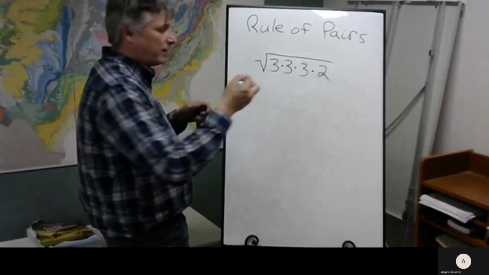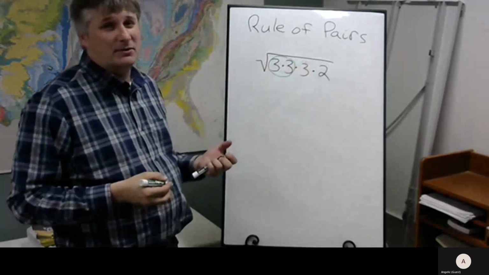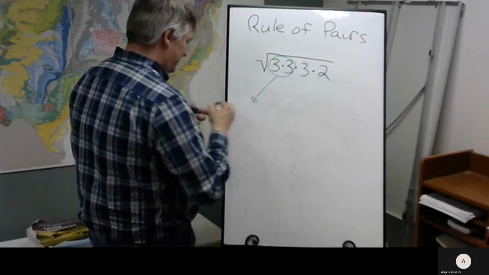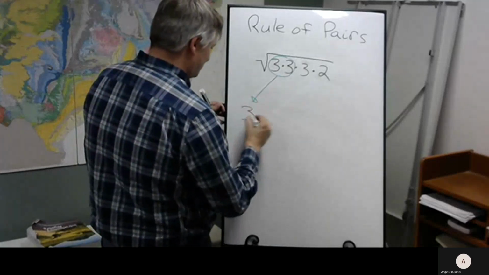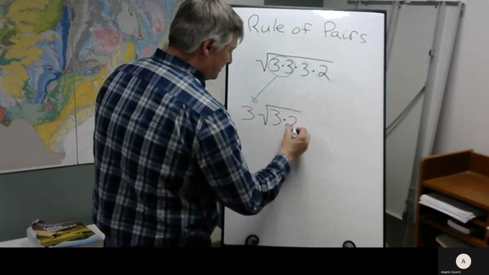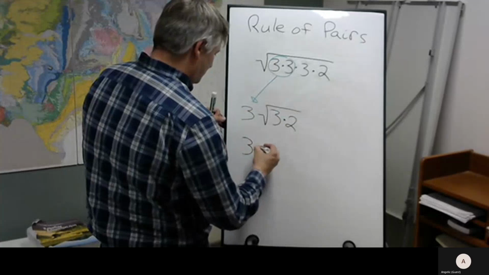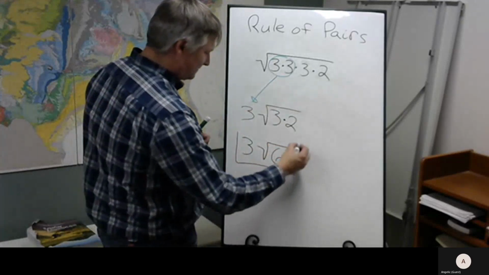Well, in this case, we have one pair of 3s, and that's the only pair of numbers that we have. So we'll get one 3 to pop out using this rule of pairs. And so we leave behind a 3 times 2. And what we get is 3 square root 6.